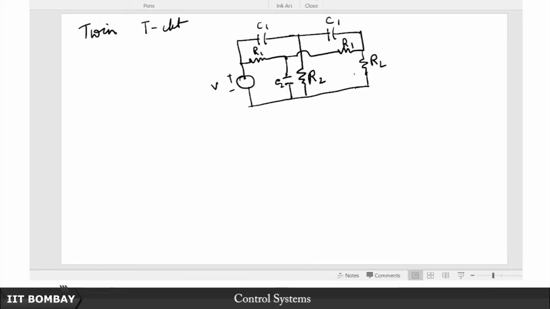So what you are basically required to find out is to obtain the current through RL.